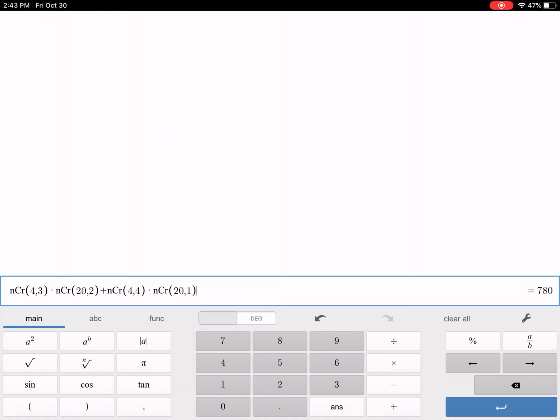And again, it does my answer as I go along. It turns out that there's 780 ways to get 3 jacks or 4 jacks.